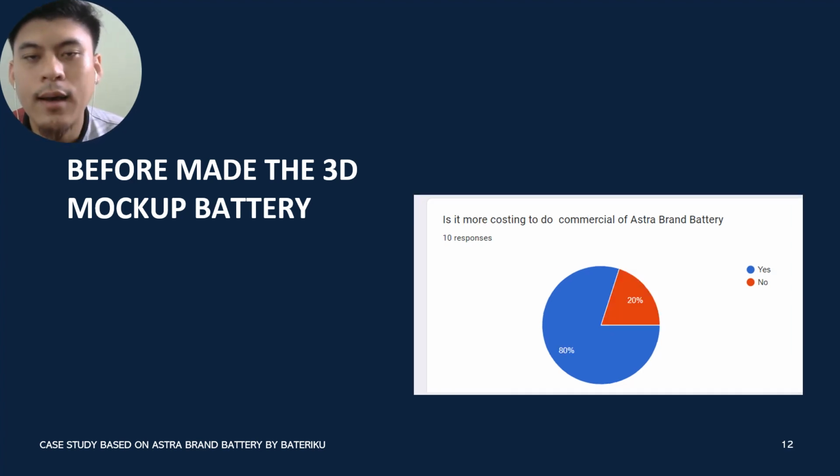From the 10 respondents, 80% say yes, it costs more, and 20% say no. So this is the proof that before the 3D mockup battery was made, it cost more and also took a long time to get the result.